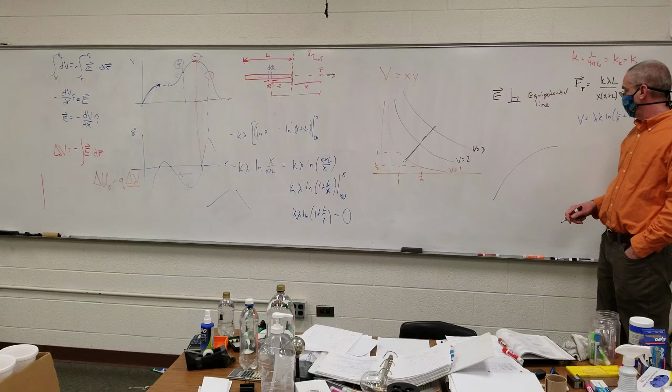Okay, another reason it is pointing that way. If I have a positive charge here, I have some point here, call it P1, and some point here, P2. Which has a higher electric potential?